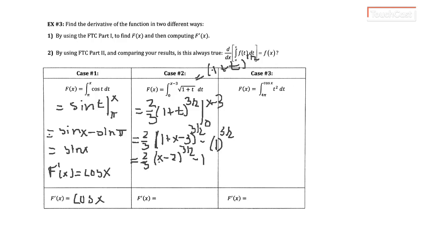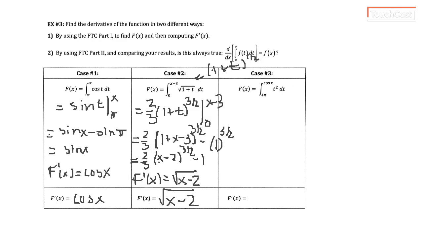Now, if we were to take the derivative of that, what we're going to end up with is just the square root of x minus 2, which in that case is not giving us what we started with. So this one did not work to say that when taking the derivative of the integral, we get the function back. So now let's look at case 3 here.